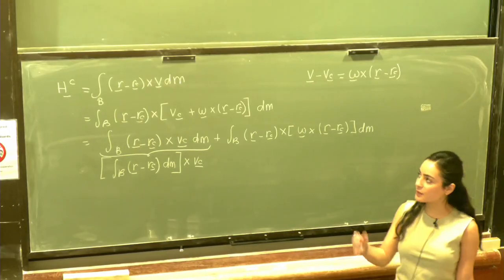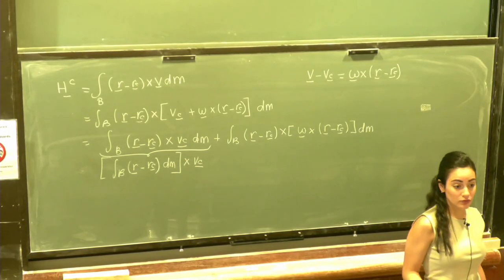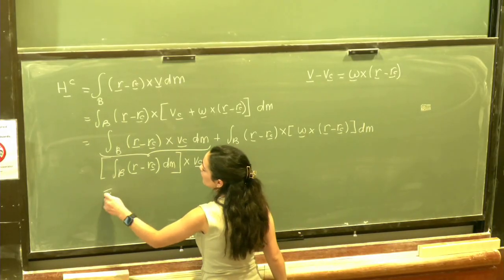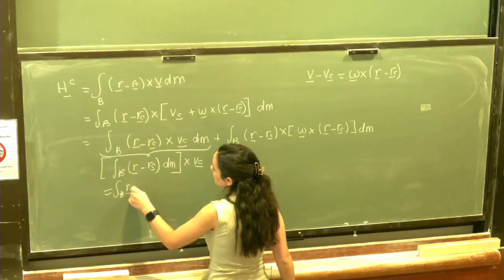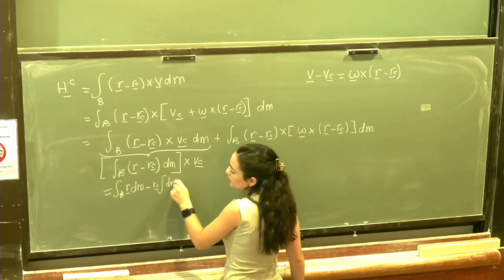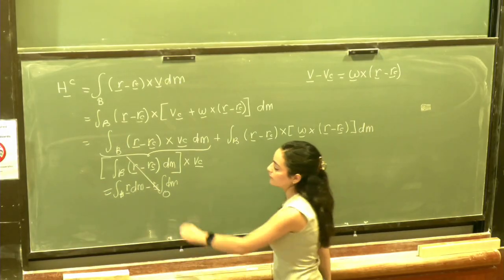It's the same as we did for a system of particles. When you're calculating the average distance from the average, you're going to get 0. Or you can think about it as the integral over the body of R dm minus the integral of RC dm, which is going to be equal to 0. So this term is 0.